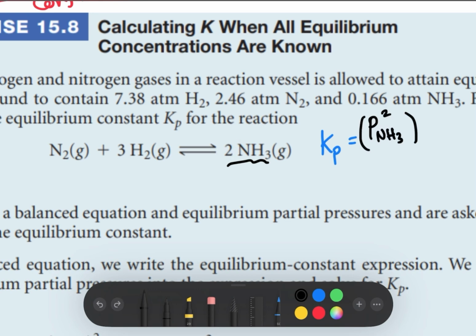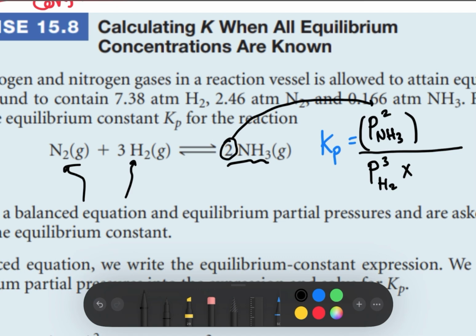Do not forget that the coefficient of the gas becomes a power, and you divide it over the multiplication of the pressures of the reactants. So we have reactant hydrogen and reactant nitrogen. It's going to be the partial pressure of hydrogen gas to the power 3 multiplied by the partial pressure of nitrogen gas. So this is the expression of Kp.